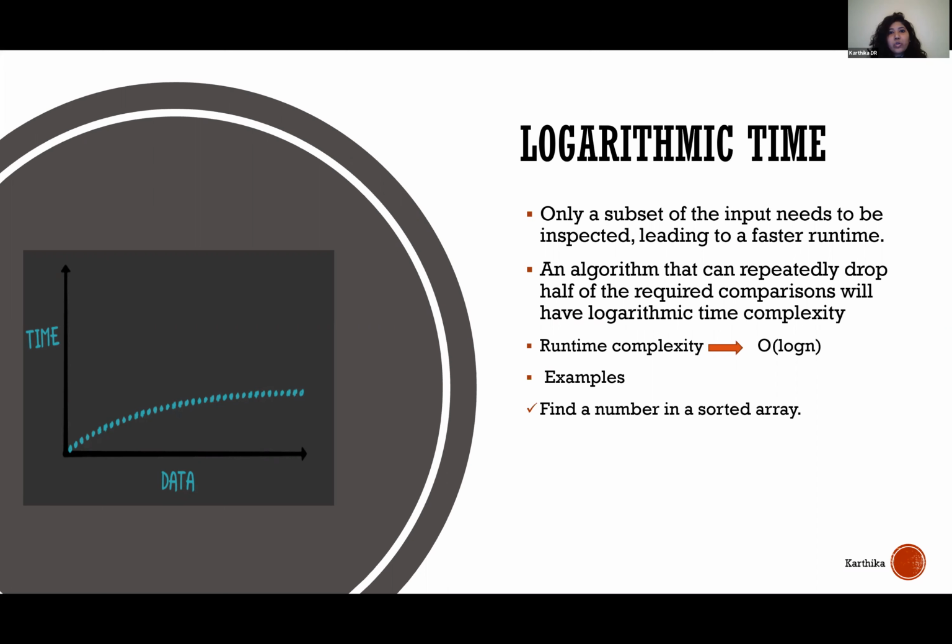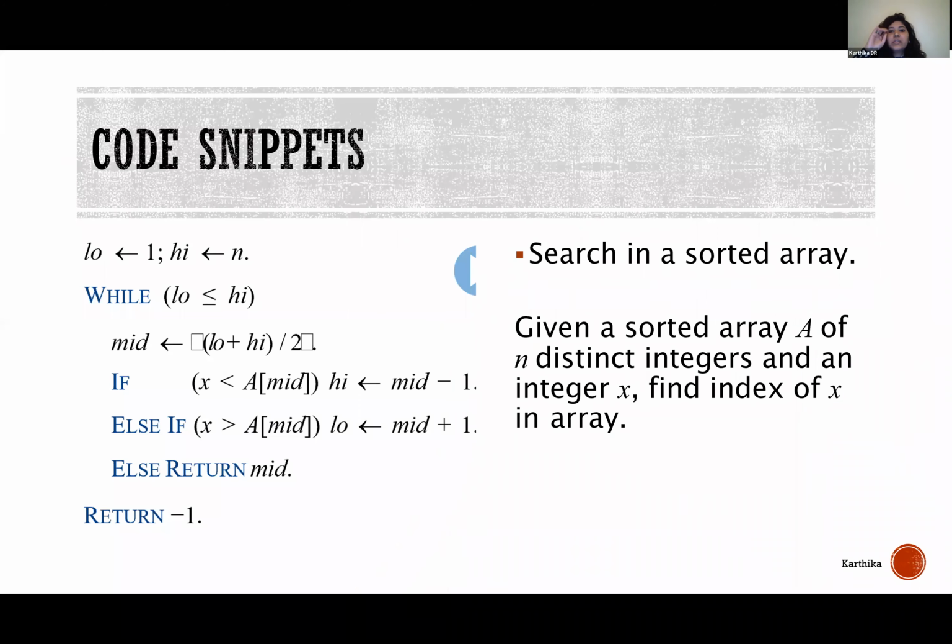Since the array is already sorted, we can determine the middle value and check if that middle value is greater than the given element we are searching for. Then we can omit the lower part or the higher part based on the condition.